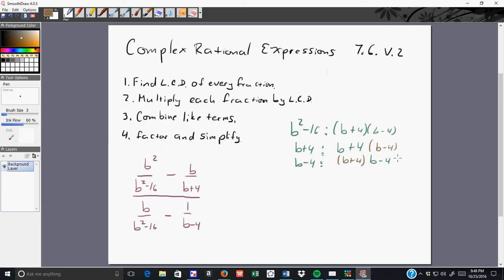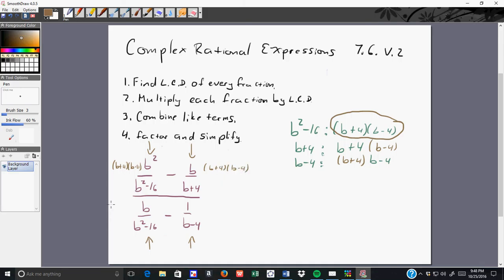But keep in mind, I'm going to multiply each term. There's 4 fractions. I'm going to multiply each of them by the least common denominator, which happens to be b plus 4, b minus 4.